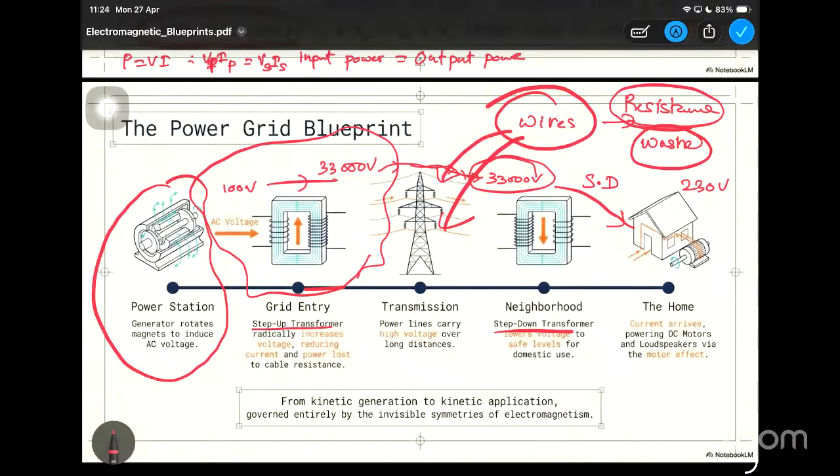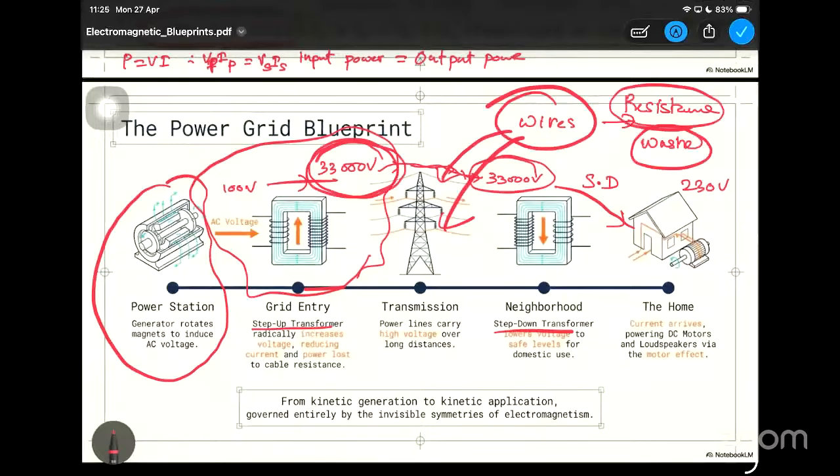If we supply just 100 volts in the system, then there won't be anything left when you are at Kandy or somewhere like that. Therefore, in order to minimize this wastage, we need to have a higher value in the wire system like this, right? So that is the main reason, in order to transfer the power over greater distances.